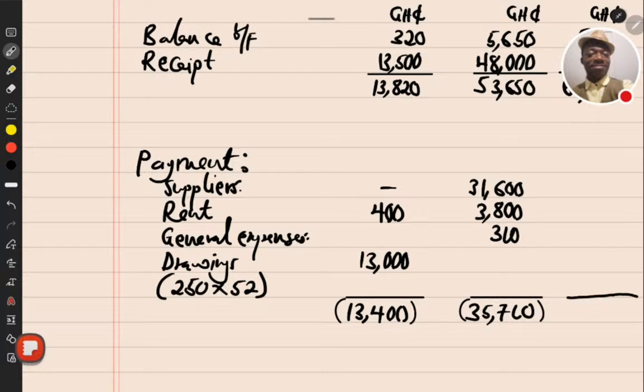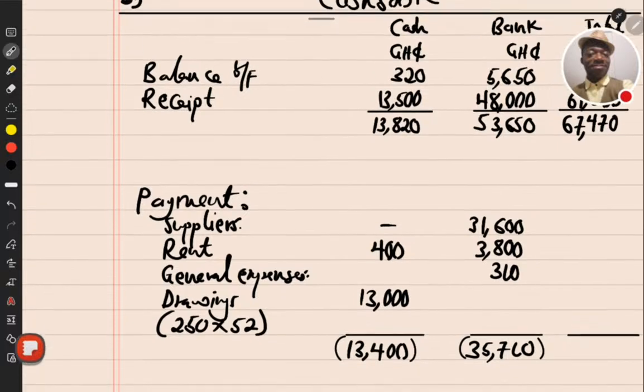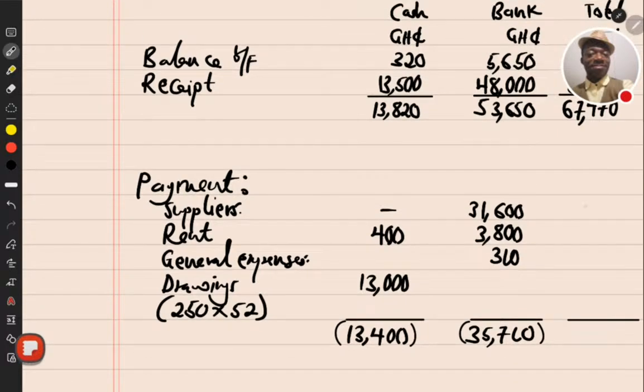Then we do the same for the totals as well. So let's get their total. You're going to get here 31,600. Here supposed to get, is it 4,000? 4,200. Can check that. Here 310. Then here you're getting 13,000.